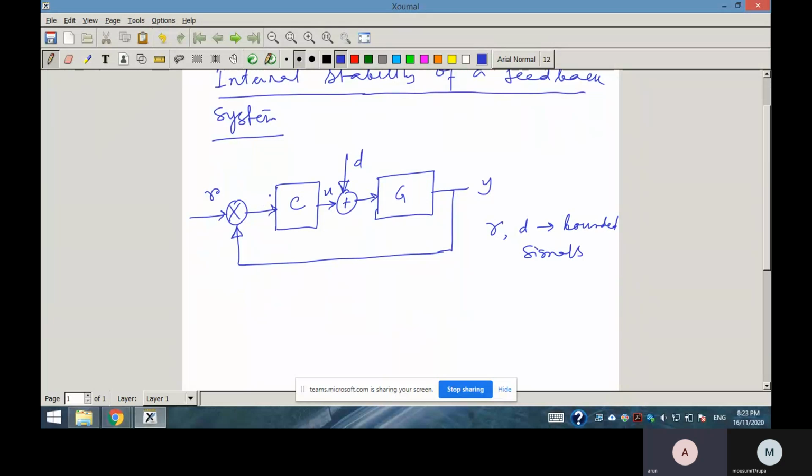The tracking error may be an internal signal, but the tracking error will be stable if Y is stable, because R is a bounded signal. Similarly, the control effort to the plant input is stable if U is stable, because D is a bounded signal.